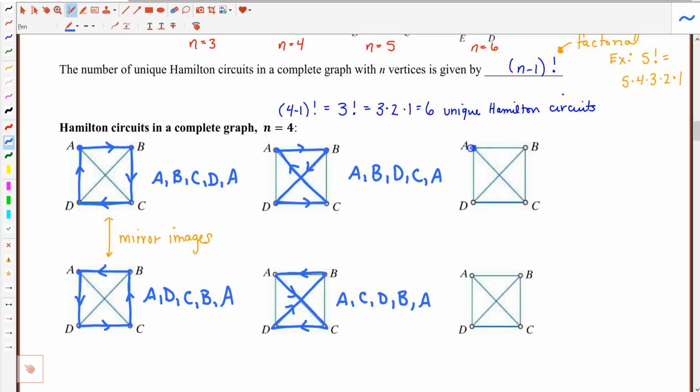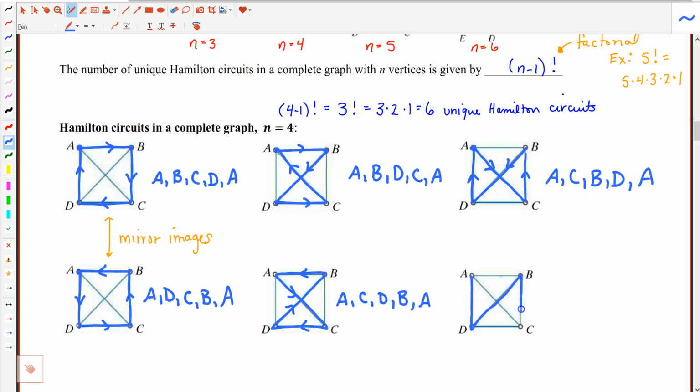And then finally, we've gone from A to B, and I've gone from A to D. How about from A to C? We haven't done that yet. And maybe from C I go up to B, and from B I'll go to D, and then from D I'll come back to A. So it's kind of like a bow tie going the other way.